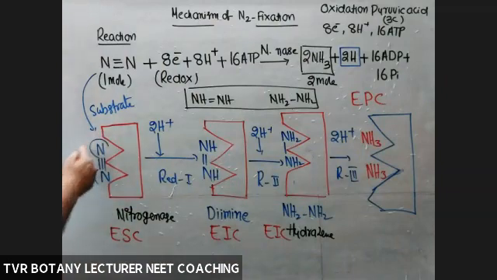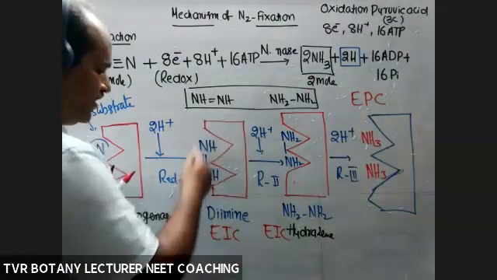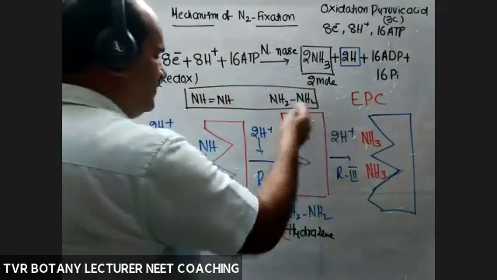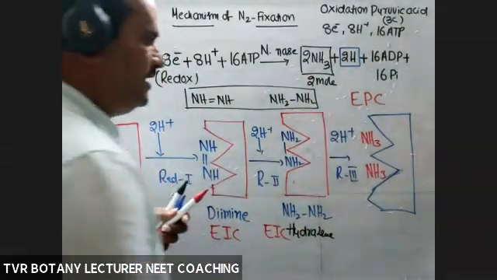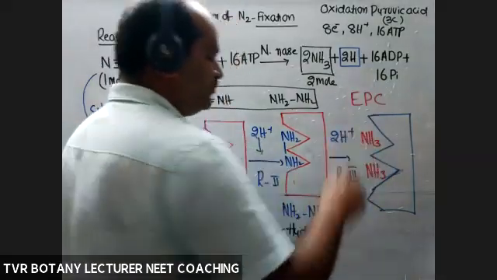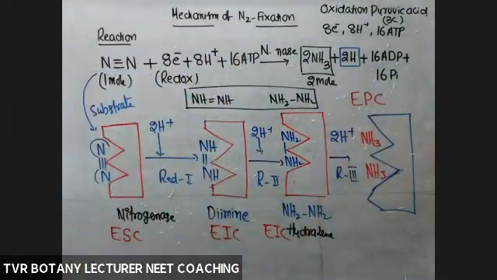What is that substrate? N triple bond N. Next, the enzyme intermediate complex, the enzyme with the unstable compound. Then the enzyme product complex. What is that product? Two molecules of ammonia. So ammonia is the first stable product during this reaction.